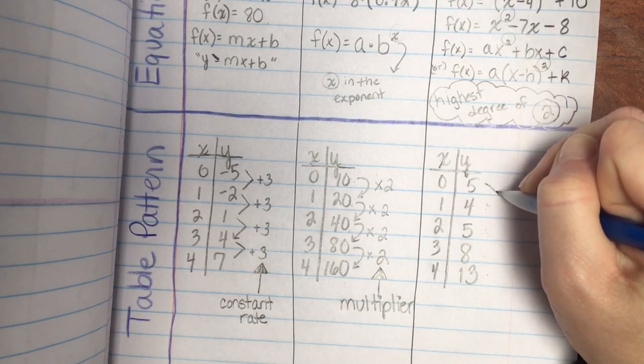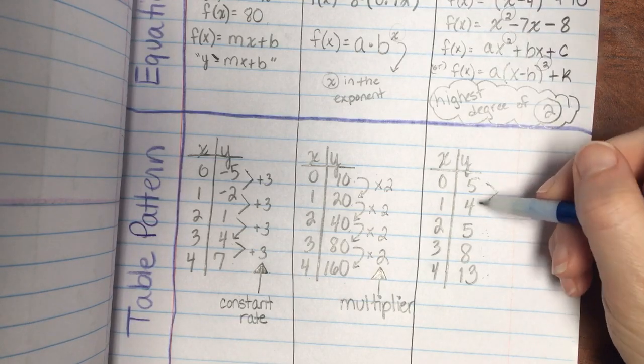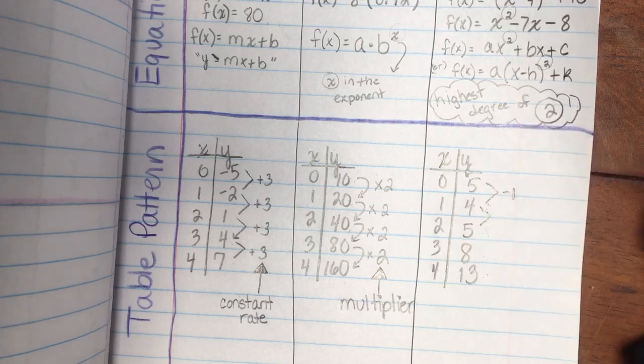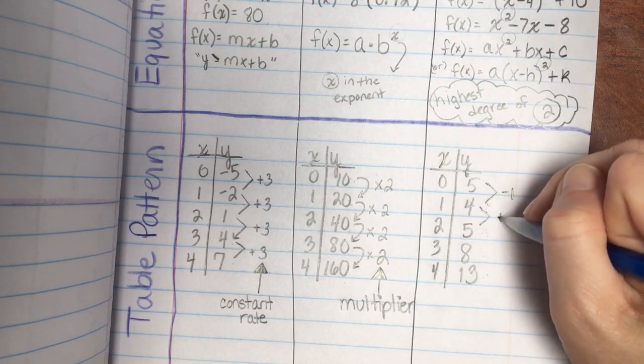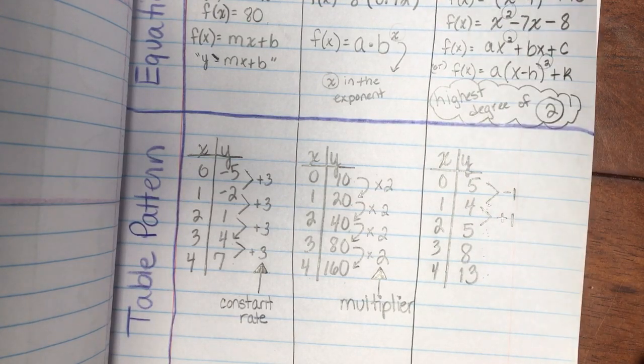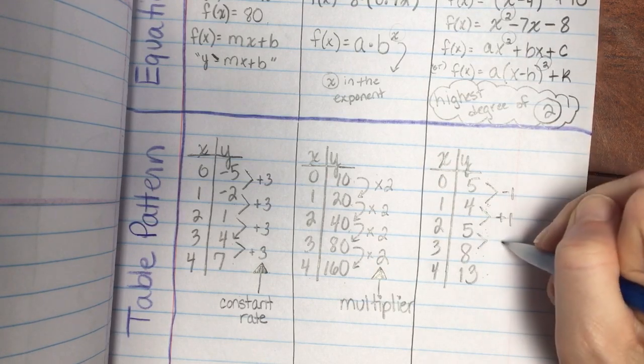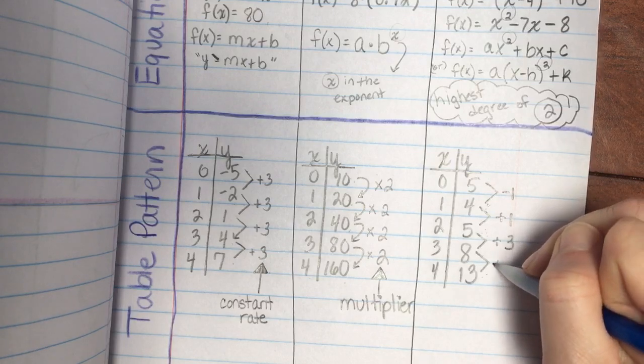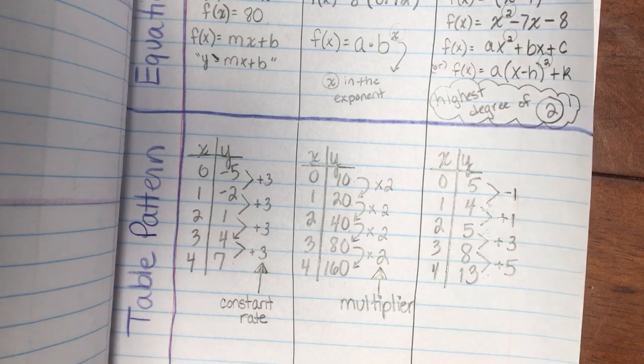So with the quadratics, let's look at another pattern. 5 to 4 definitely goes down by 1. 4 to 5, well, that goes up by 1. 5 to 8, that goes up 3. And 8 to 13, that goes up 5.